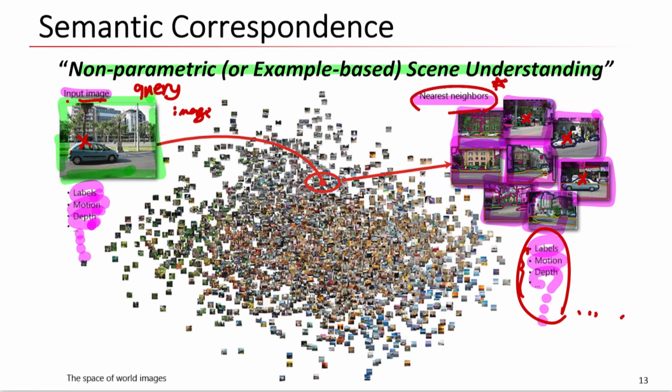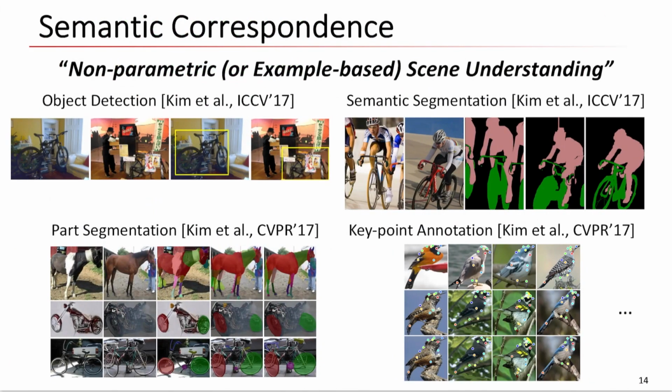So these are the applications of the semantic correspondence. For example, I will briefly introduce object detection, semantic segmentation, key point annotation, and part segmentation in the later slides. But here, I will just briefly show the applications.